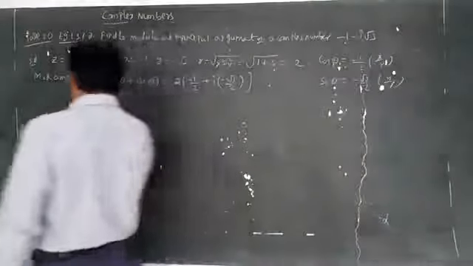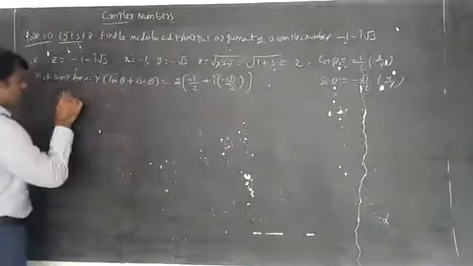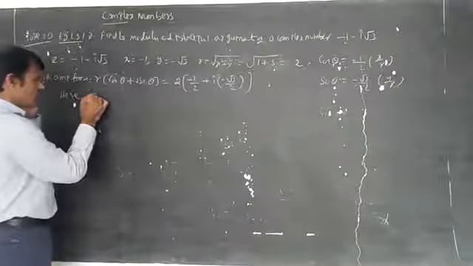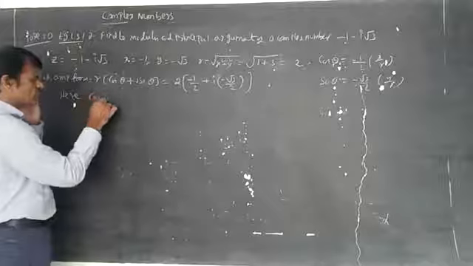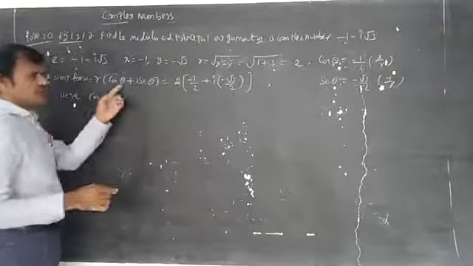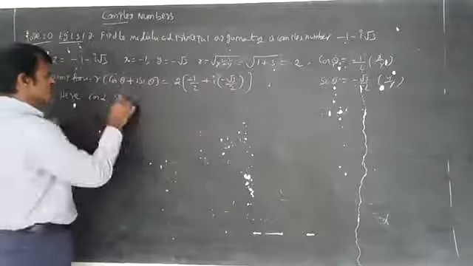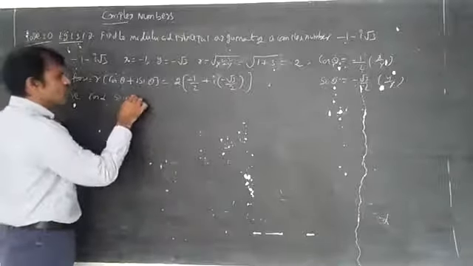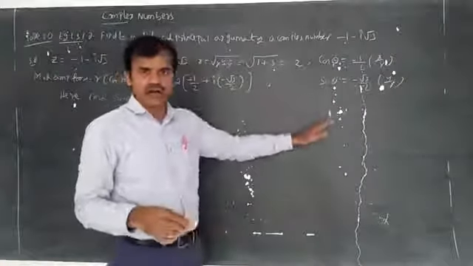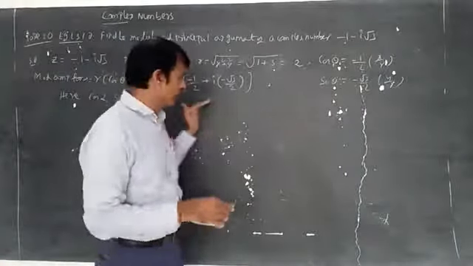Here I am writing everything. Now you can write alpha: cos alpha comma sin alpha. Even though you are writing cos theta plus I sin theta here, to calculate the principal amplitude we need to calculate alpha and depend upon that formula.